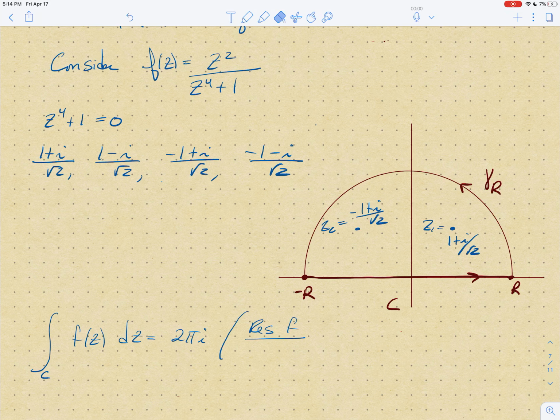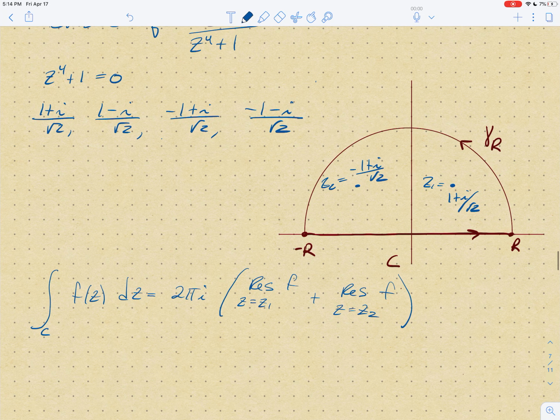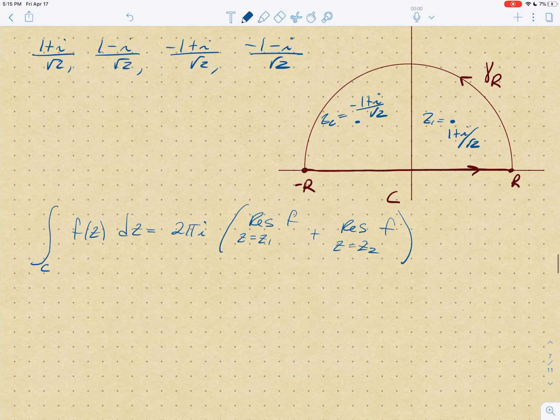So this is the sum of the residues of f at z equals z1 plus the residue of f at z equals z2. So I've just about got the value of the integral of f around the whole curve.